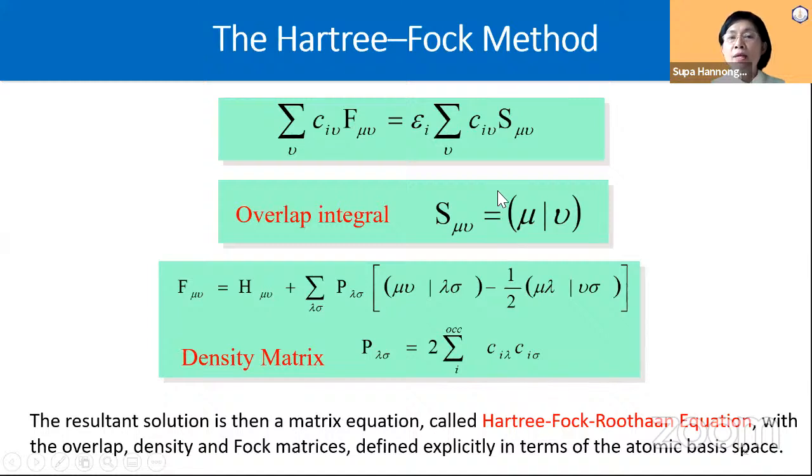Overall, we call this the Hartree-Fock-Roothaan equation, which is very famous in ab initio. Within this equation, it consists of the overlap integral, the density matrix, and also the Fock matrix, which are terms in the atomic basis space.